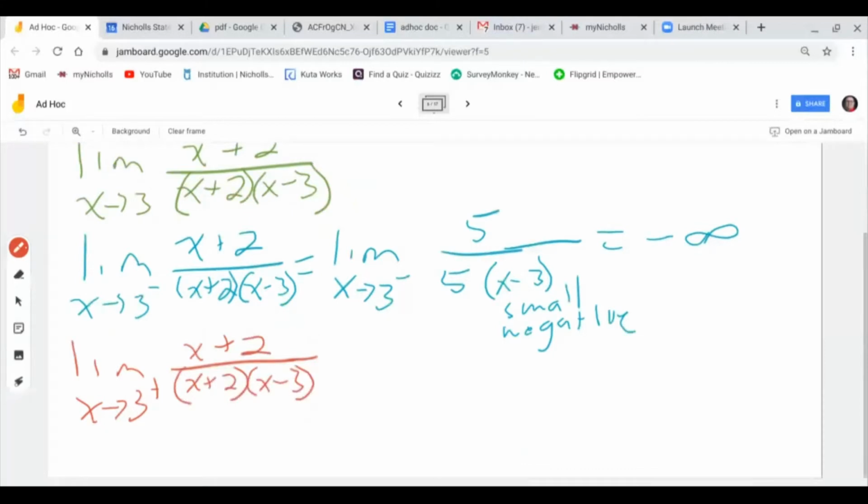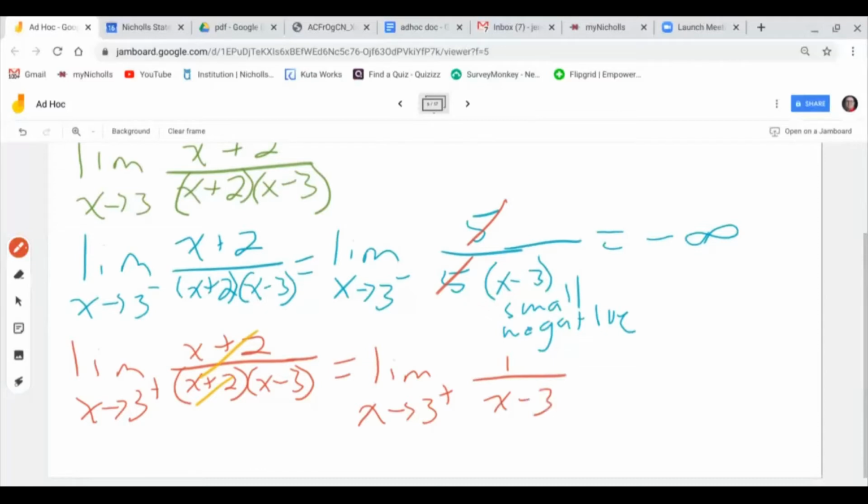And honestly, you could reduce the x + 2's here, because the 5 and the 5 were reduced, right? So let's go ahead and do that this time. Boom. And so what we end up with is the limit as x approaches 3 from the right of 1 over x - 3. And so what's going to happen here?